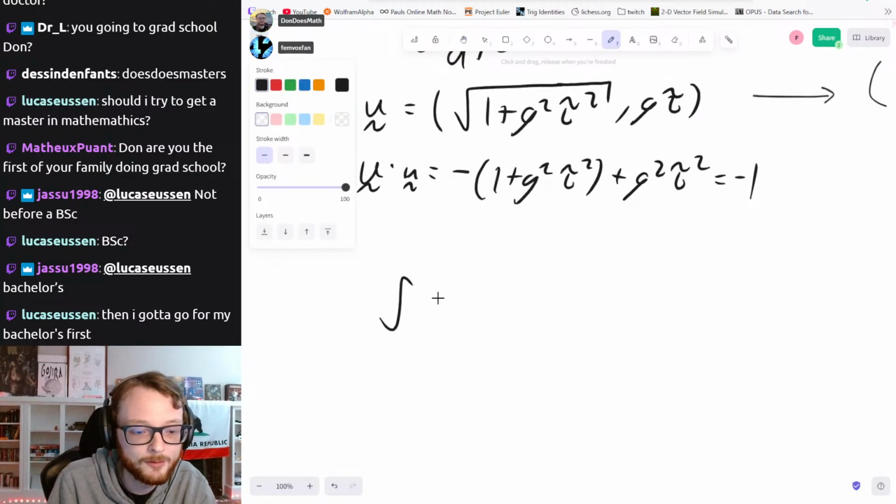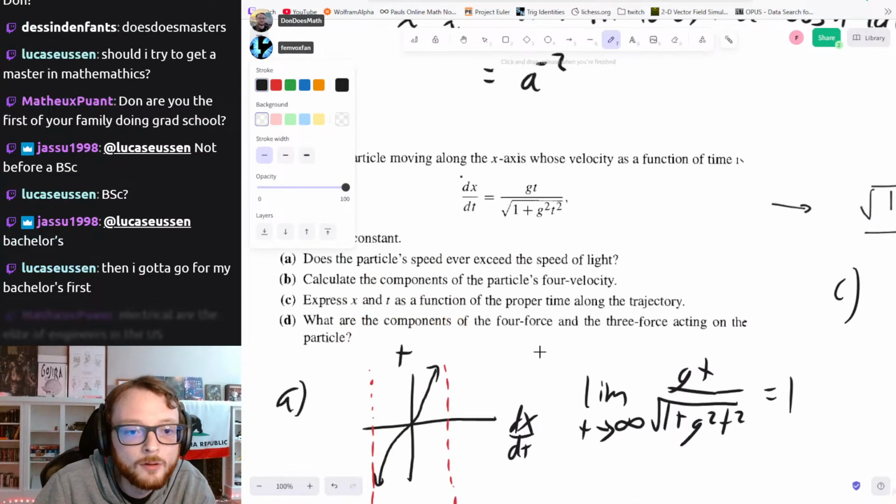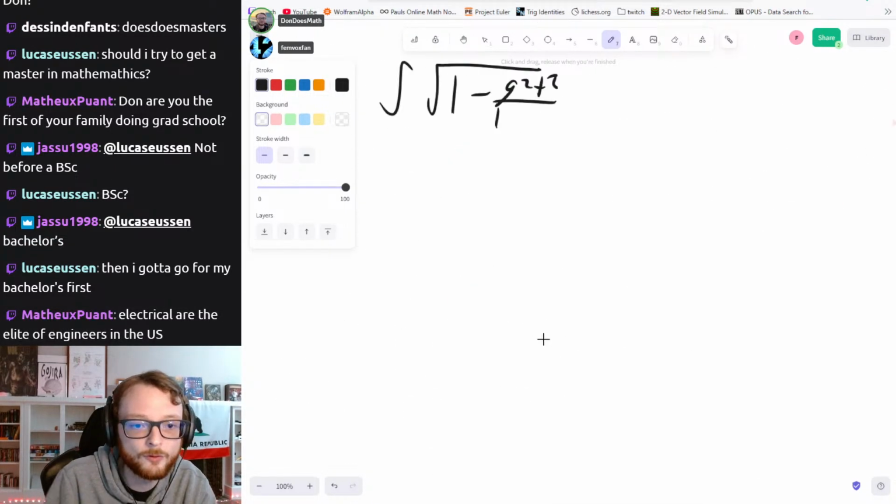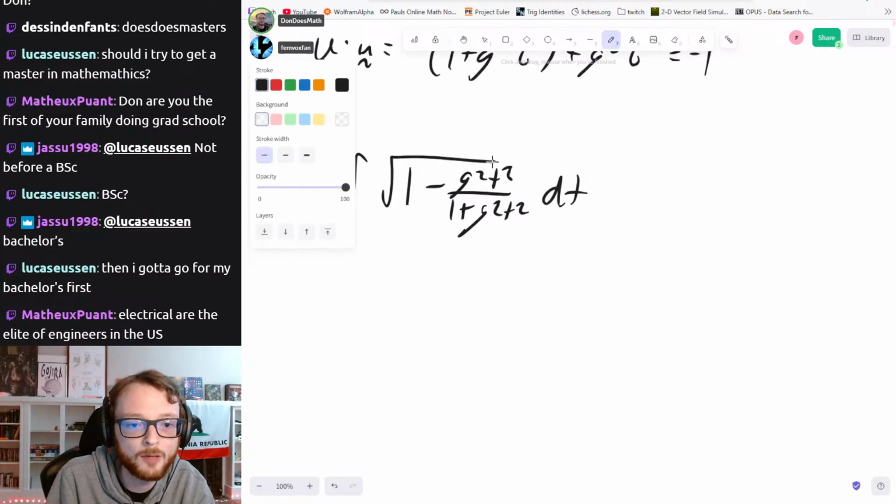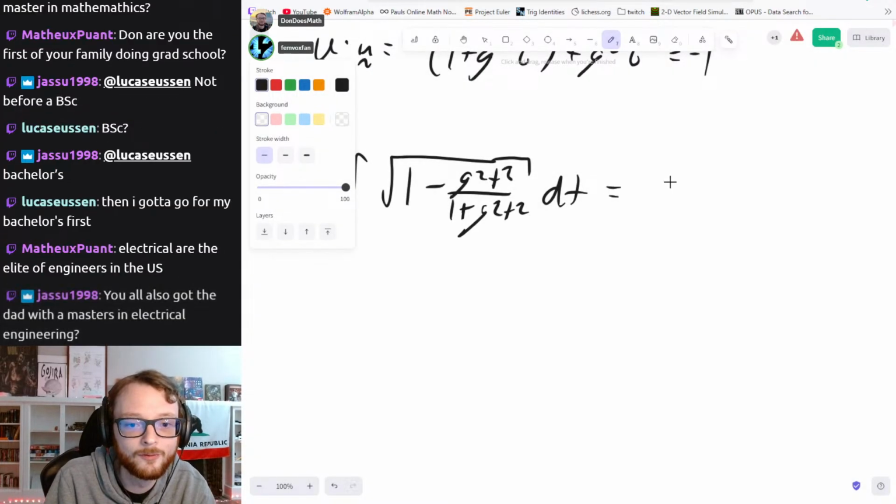Allegedly, we're doing the integral of root 1 minus g squared t squared over 1 plus g squared t squared. Does that clean up and get us the same thing as the problem? I feel like we already did this simplification once. Yeah, you did that already.